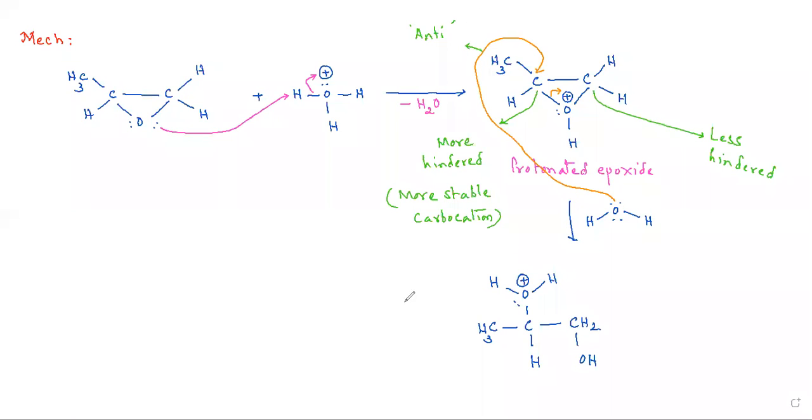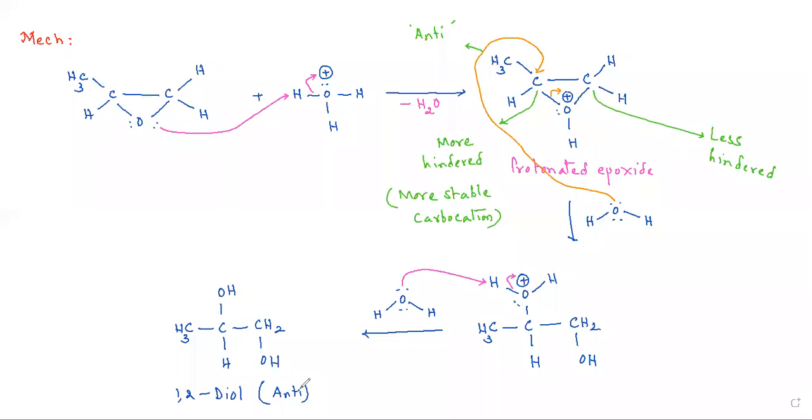And finally, using a water molecule, you can just take out a H plus to finally get a 1,2-diol with anti kind of arrangement.